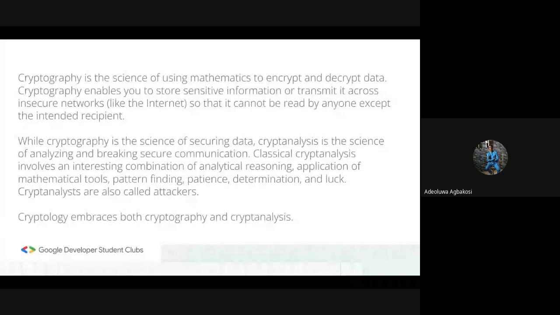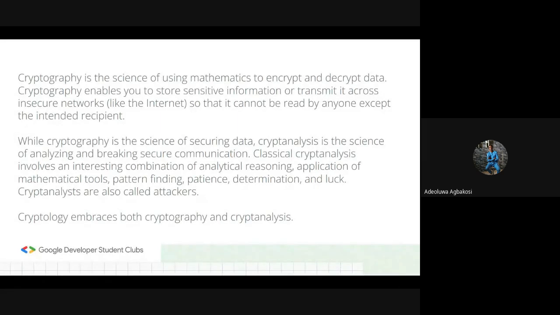Cryptography is the science of securing data. Cryptanalysis, on the other hand, is the science of analyzing and breaking secure communication. So, cryptanalysis is the opposite of cryptography. Cryptanalysis is a combination of analytical skills, application of mathematical tools, pattern finding, a lot of patience, determination, and a sprinkle of luck.